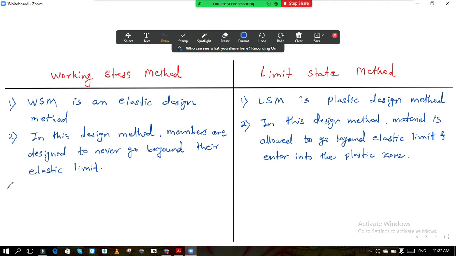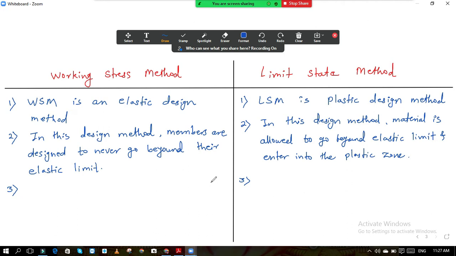Okay, so I hope now you are clear with these points, elastic limit and plastic limit. You know the standard stress strain curve: point A, point B, point C, elastic limit, limit of proportionality, upper yield point, lower yield point, then E is the ultimate stress point, and F is the breaking point.